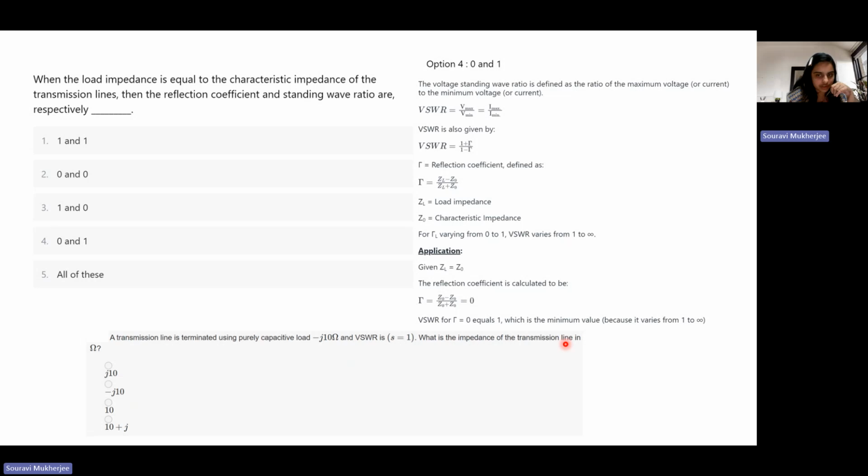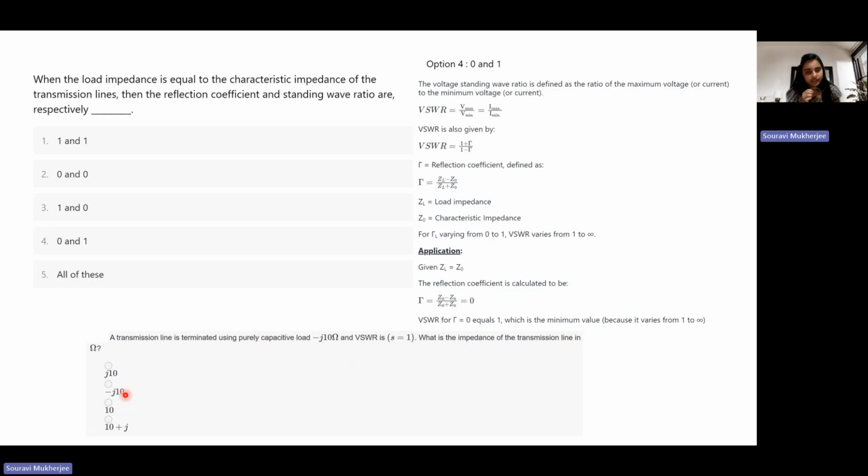So now it asks, what is the impedance of the transmission line? It is a very direct question. If VSWR is 1, that means there is no reflection. That means the impedance of the transmission line should be equal to this value, the second option, minus j10.